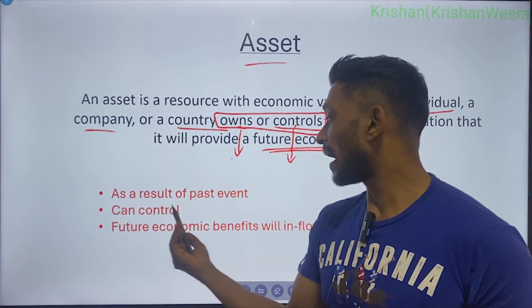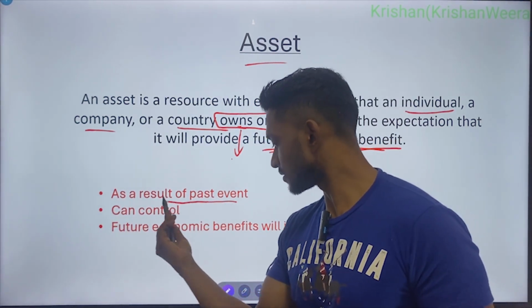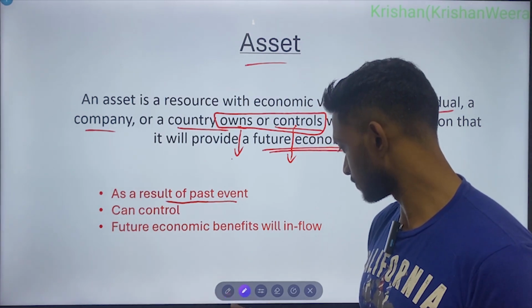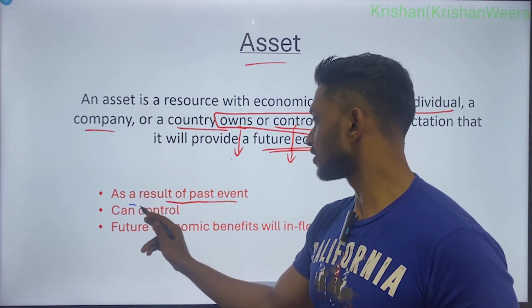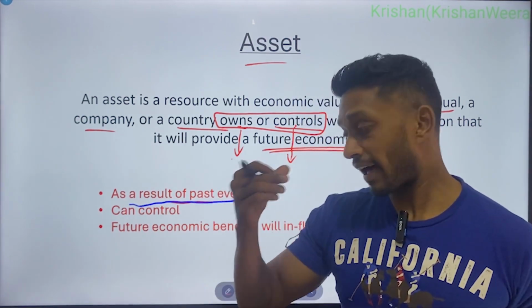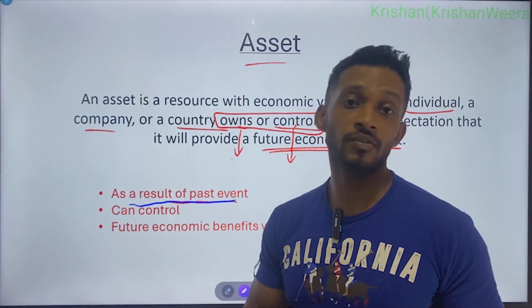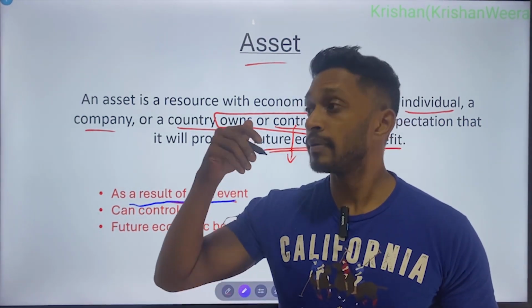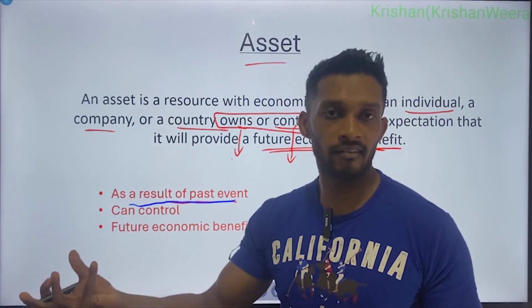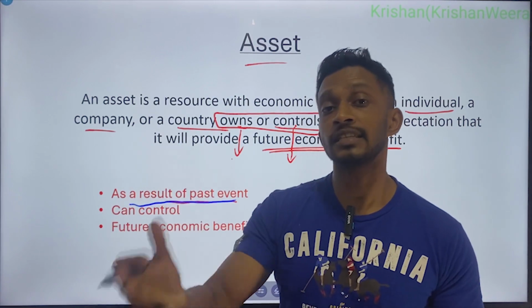One is as a result of a past event. Let me change the colors. As a result of a past event, this happened, and you have the asset because of that past event. It can be an exchange of assets, or a purchase, an acquisition, whatever.